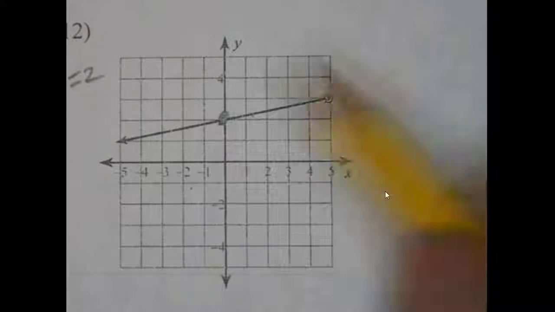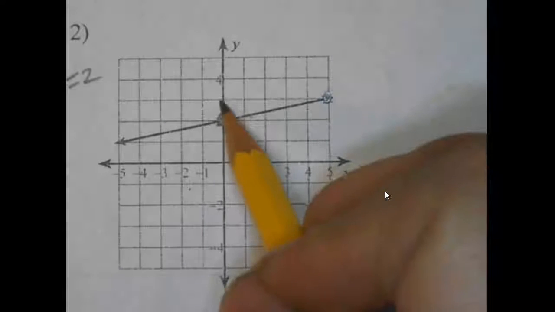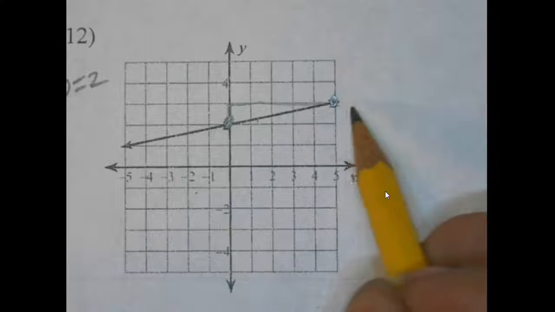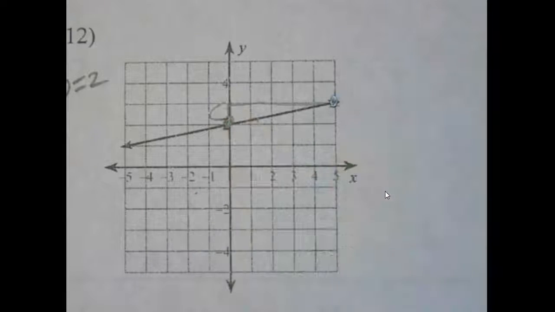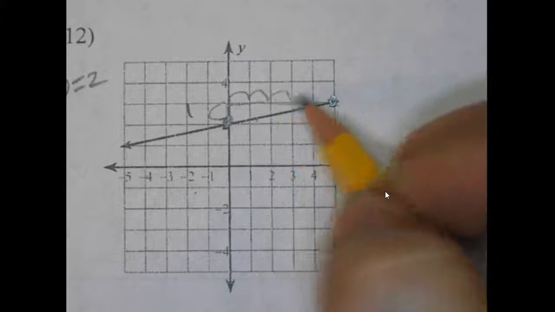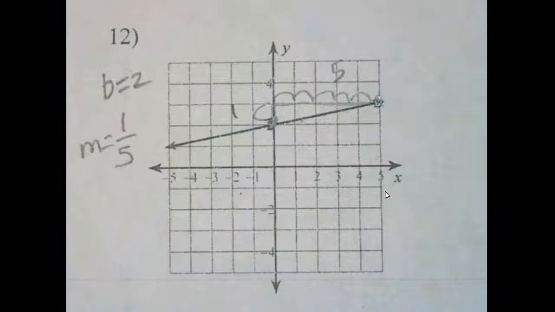Okay? So I'm going to complete my triangle, right? Here's my triangle. Did I go up or down on this triangle? So I went up how many? 1. And how many places to the right did I go? 5. So my m is going to be 1 over 5. Does that make sense? Yeah.